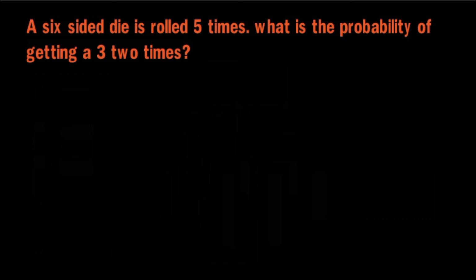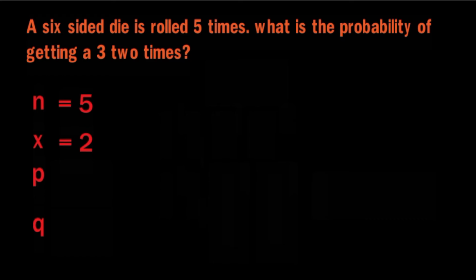To do these questions, we must first identify 4 elements: n, x, p, q. n is the number of observations here, which is 5 times. X is the number of times of the outcome that we want to get, so it's 2 times.